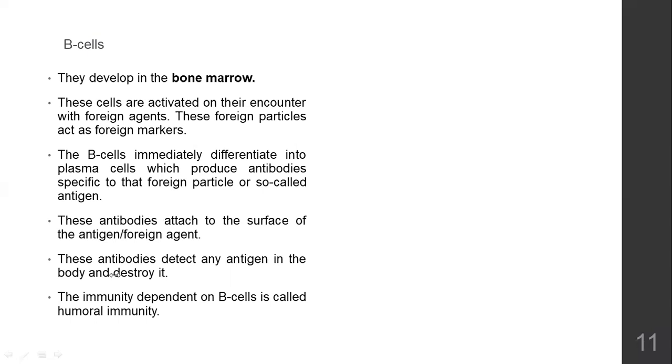Here antibodies are produced, so we call the pathogen an antigen. These antibodies attach to the surface of the antigen or foreign agent, and once they are perfectly attached to its exposed space, they destroy it slowly. This is called B cell humoral immunity.